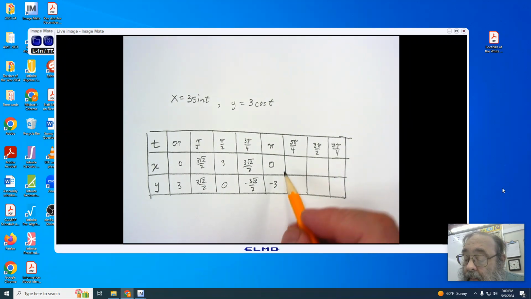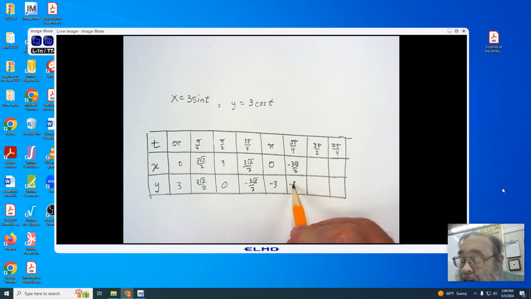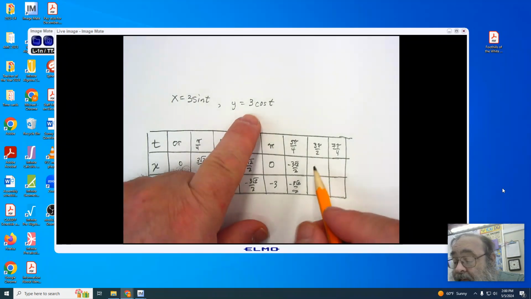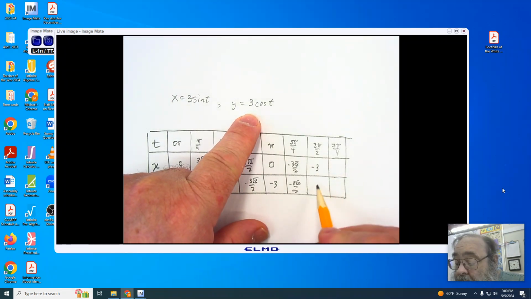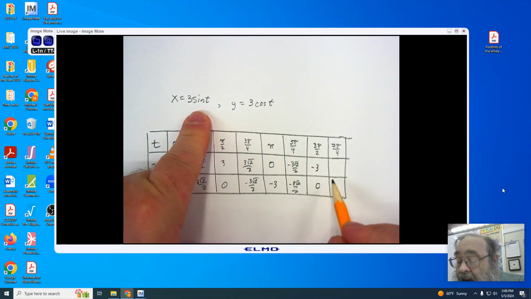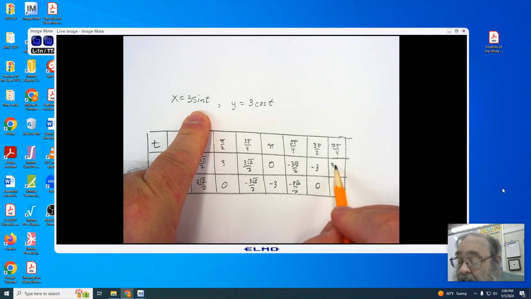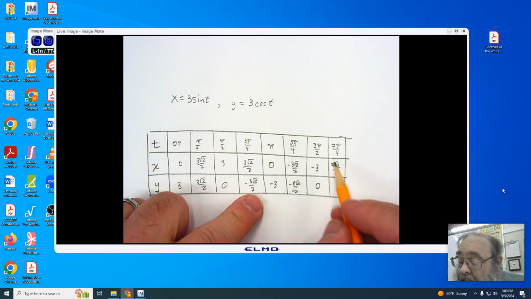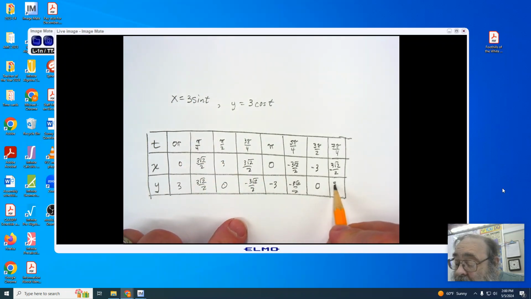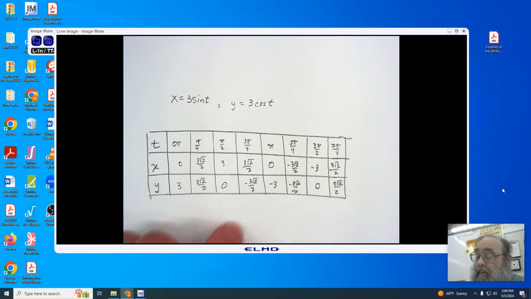Interesting. Getting a pattern here. Negative 3 root 2 over 2. And this is negative 3 root 2 over 2 again. Then we have negative 3, 0. And then we have our positive 3 root 2 over 2 and a negative 3 root 2 over 2 for the sine, and a positive 3 root 2 over 2.